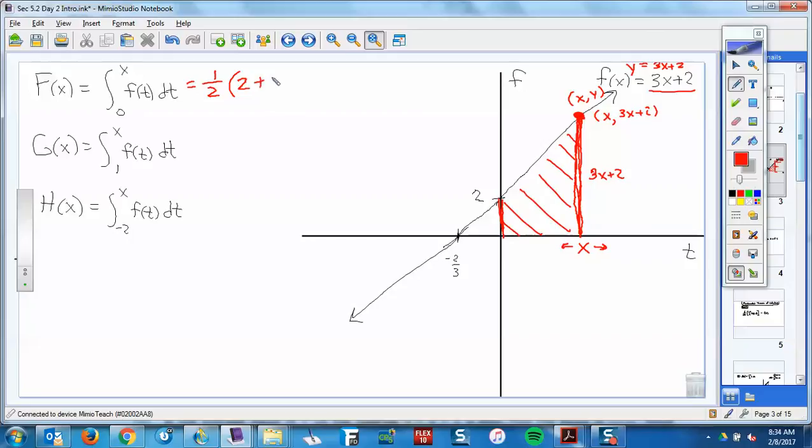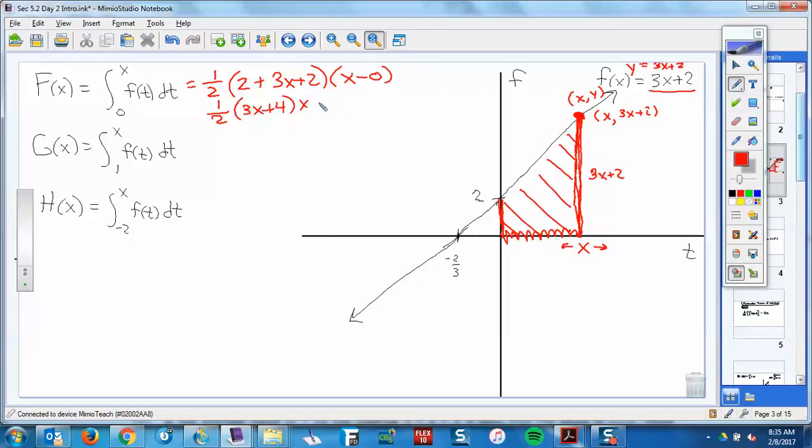Okay, so I got 2 plus 3x plus 2, and then times the height of the trapezoid, which is this right here. What's that? x minus 0, which would just be x. Okay, let's distribute that out. So we get 1/2 times 3x plus 4, times x.